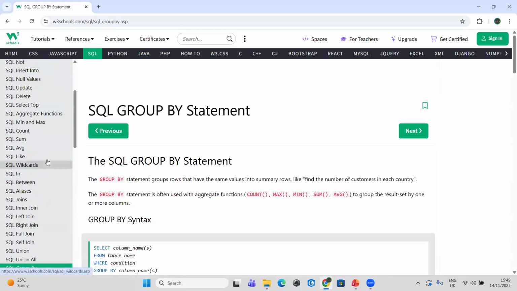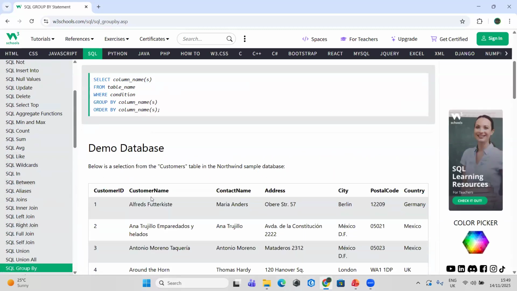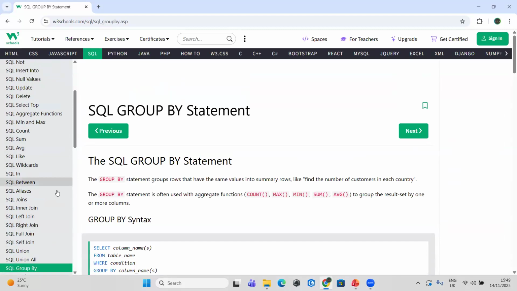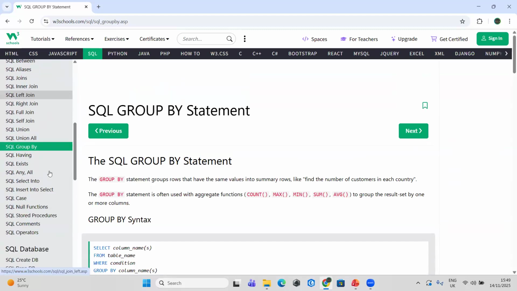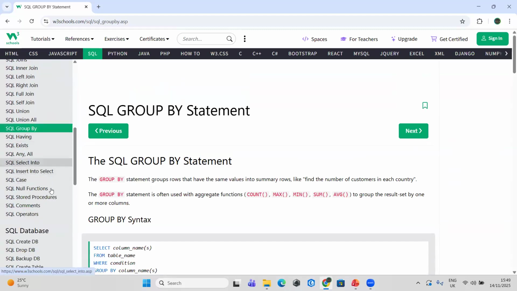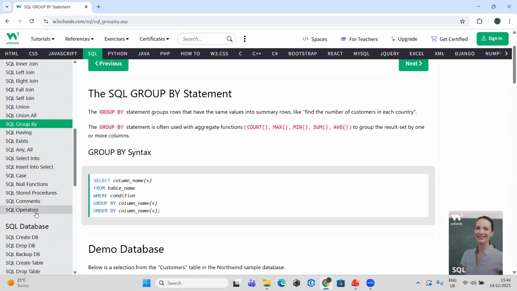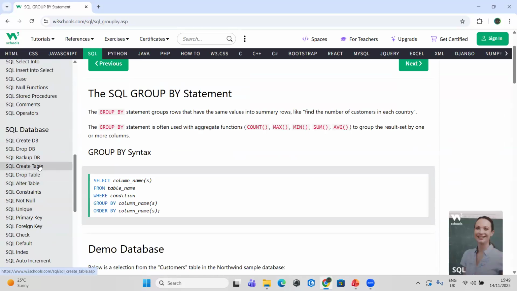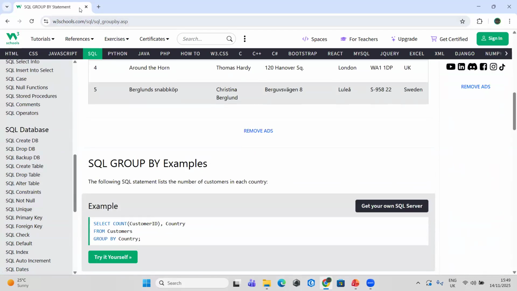I think we are now done with enough of the SQL from here. If we need to, we will maybe have a look or we'll learn it along the way, because I think we just need to learn this one, create table and a few others from here, but that will come along the way.